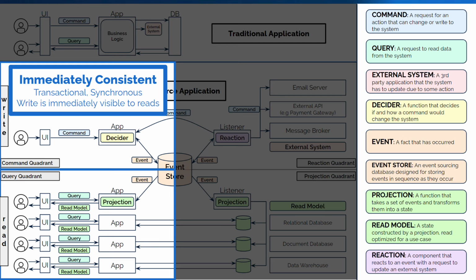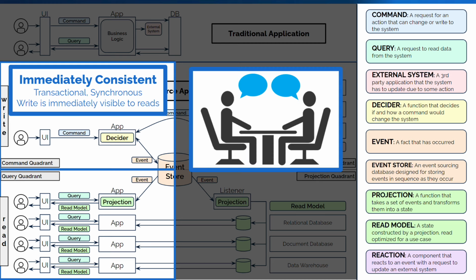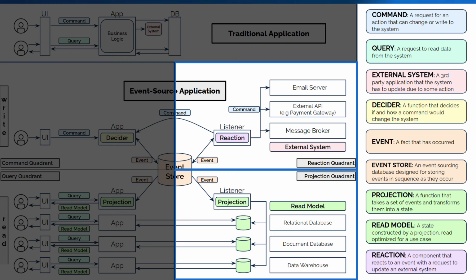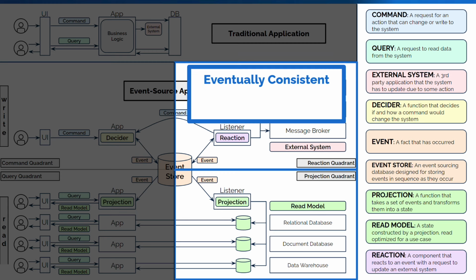Think of this like 2 people having a face-to-face conversation, where both are talking and listening to each other, registering each other's responses immediately. These highly responsive conversations with immediate feedback are great for in-depth discussions that help everyone get aligned and stay consistent.